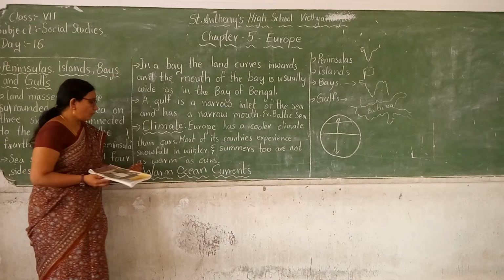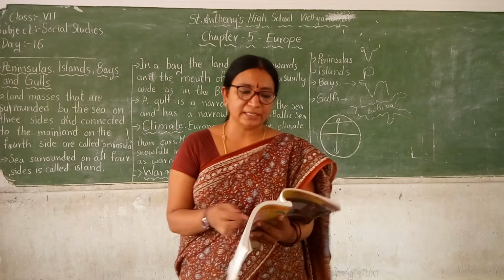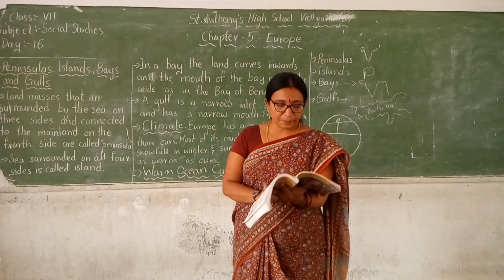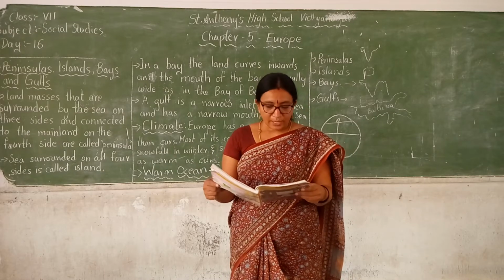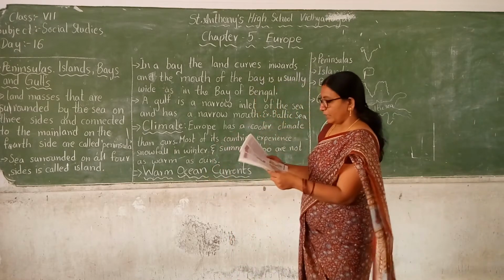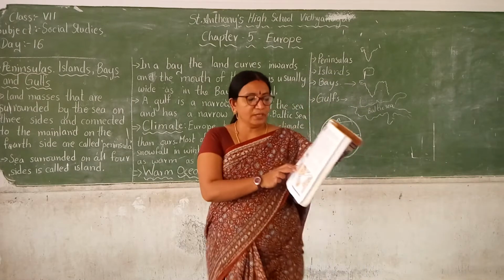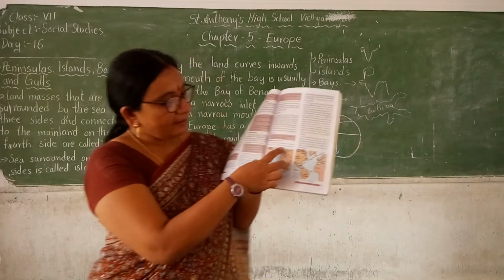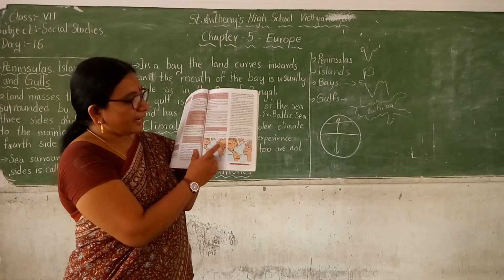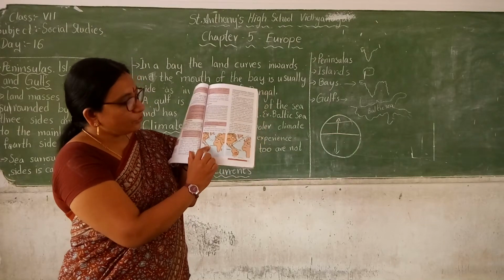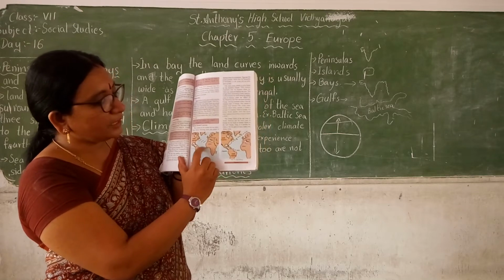So let us know about warm ocean currents. How are these warm ocean currents responsible for the climate of Europe? Let us learn. As I told you, the distance from the equator, the Atlantic Ocean. You can observe here the Atlantic Ocean between North America and Europe, and you can observe it is very close to the equatorial region.